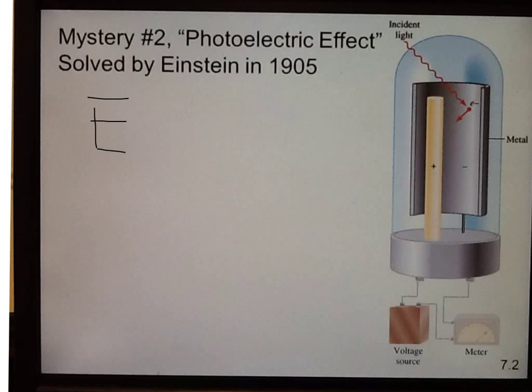The energy is quantized, and its energy is equal to h nu. So the energy of light is equal to h nu. Since the energy of light is quantized, it's a discrete little portion, a little bundle, a little packet of energy. He likened that to a particle, and he called it a photon.